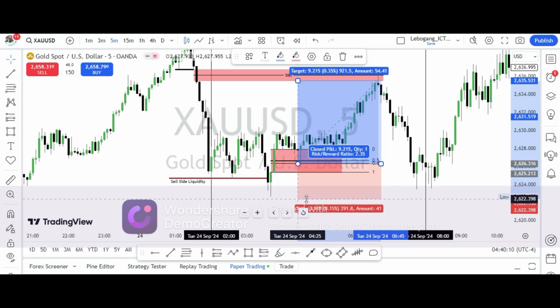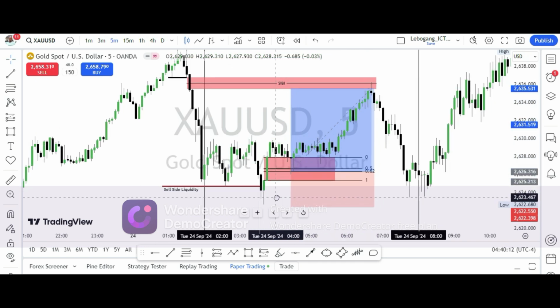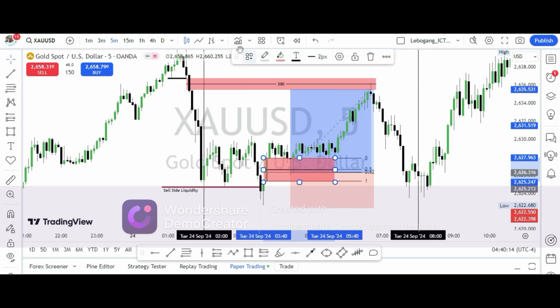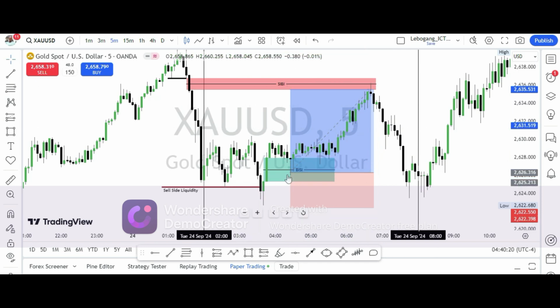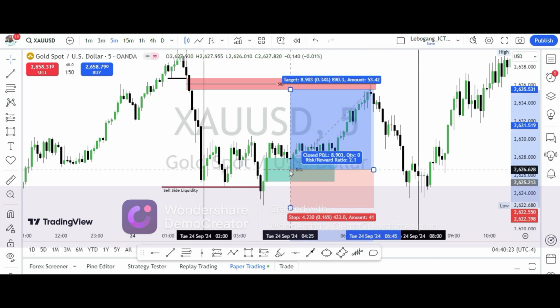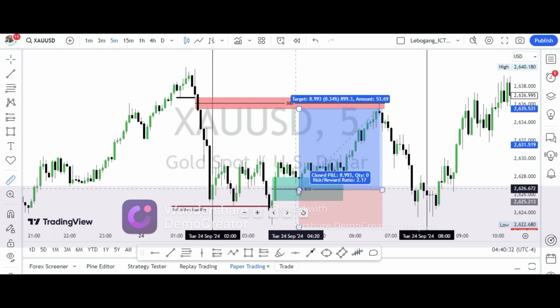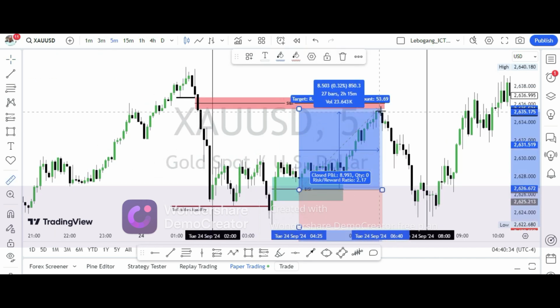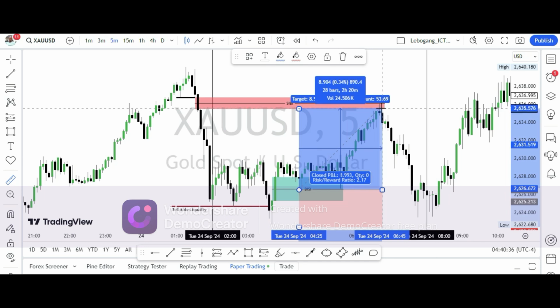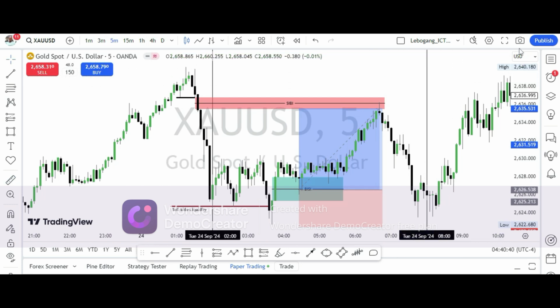Stop loss right below our recent low, or we can put it here at 50%. It's also fine here at 50%. And then here we would have had our $7, $8 move, which is 90 pips when using gold. It's not a bad entry.